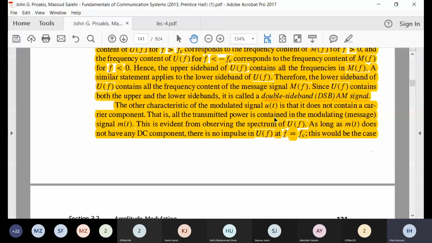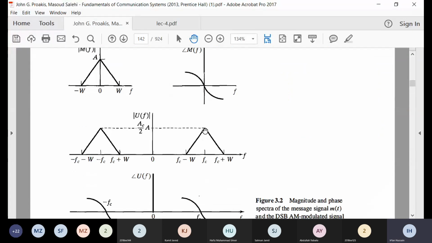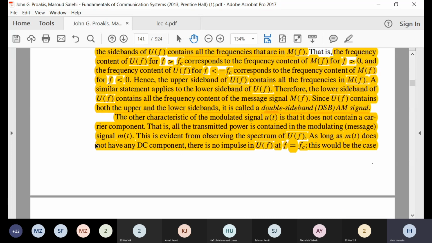All the power was in the modulated m(t). So in the spectrum you don't see any impulse of the carrier at minus fc or plus fc. You just see the message spectrum, which is shifted to this frequency as well as this frequency. So it is all present in the modulated m of t.